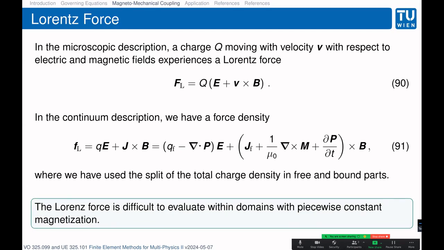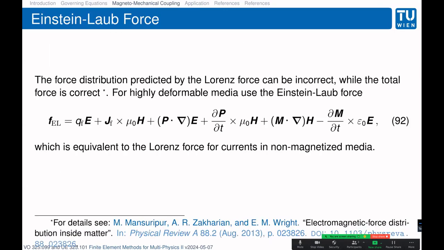So if the magnetization is piecewise constant, this gets difficult to evaluate, so this is one important aspect here. The other aspect is that the force distribution actually predicted by the Lorentz force can be incorrect, although the total force is correct again. So if you have highly deformable structures, the Lorentz force might not be the ideal force.